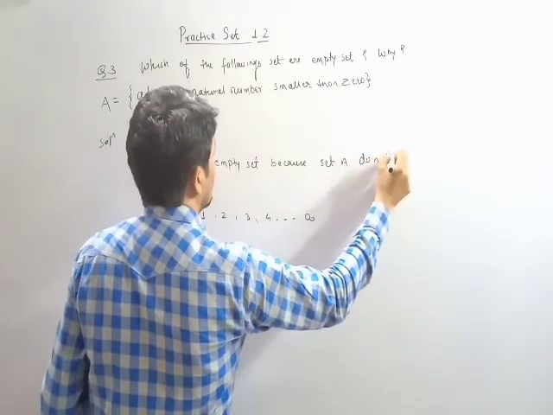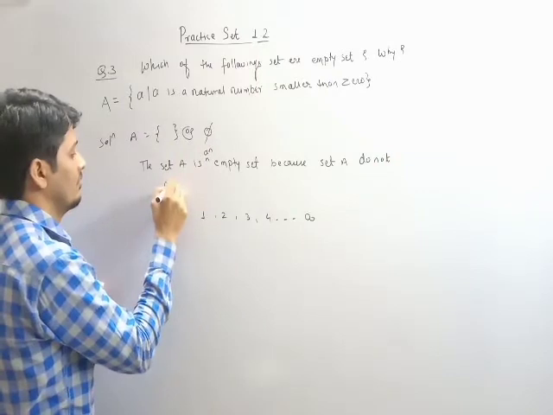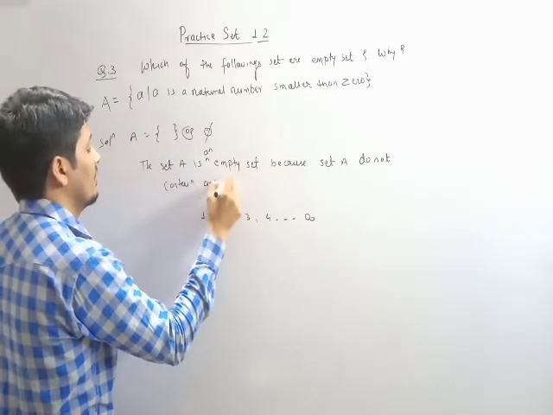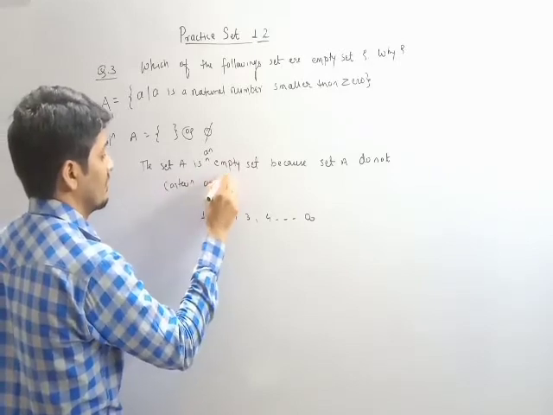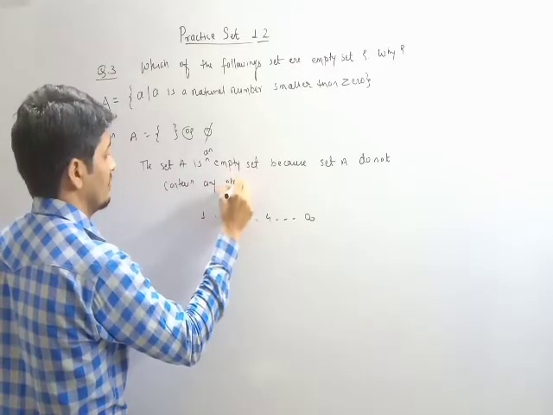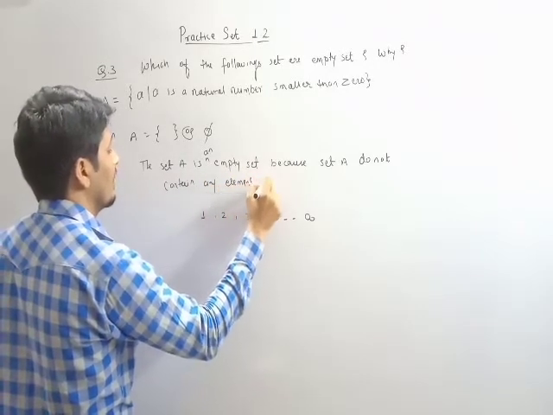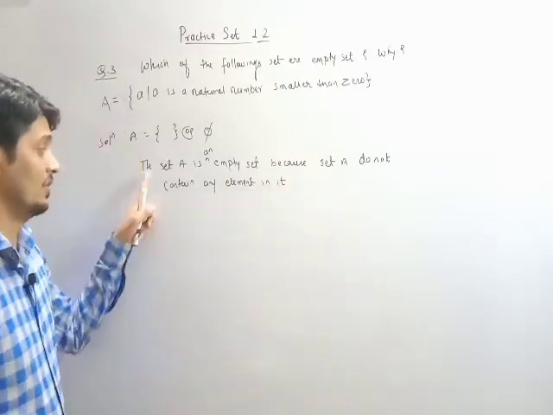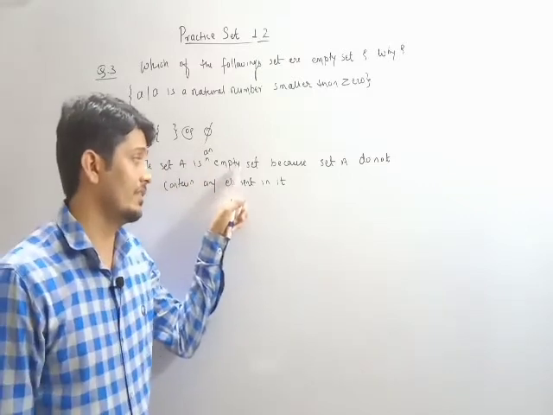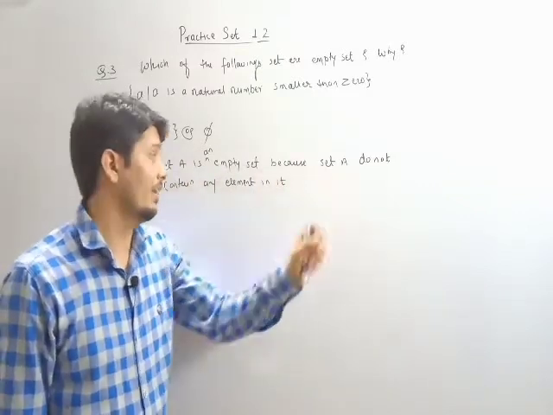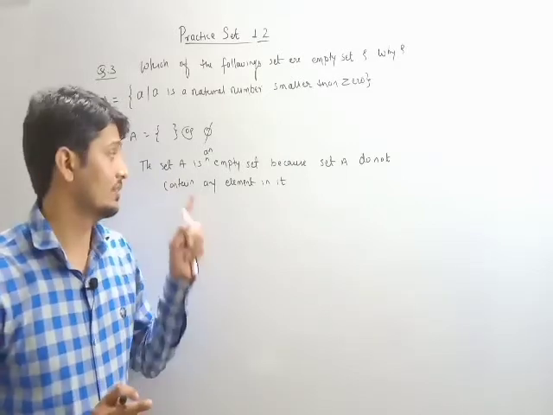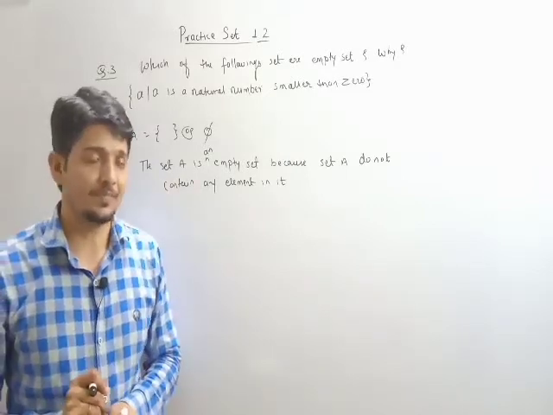The set A is an empty set because set A does not contain any single element in it. That's why the set A is an empty set.